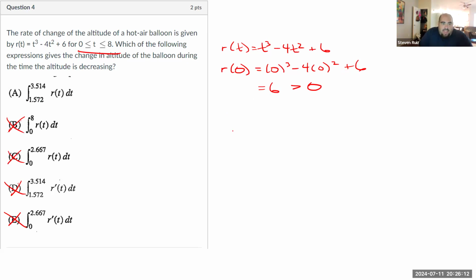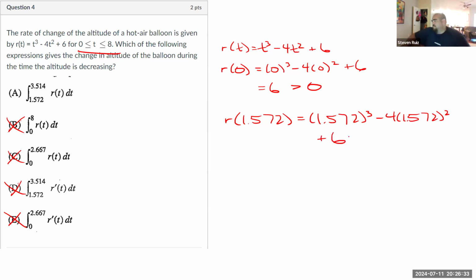So now that I'm left with A, let's actually make sure that this makes sense. What is R of 1.572? That's equal to 1.572 cubed minus 4 times 1.572 squared plus 6.